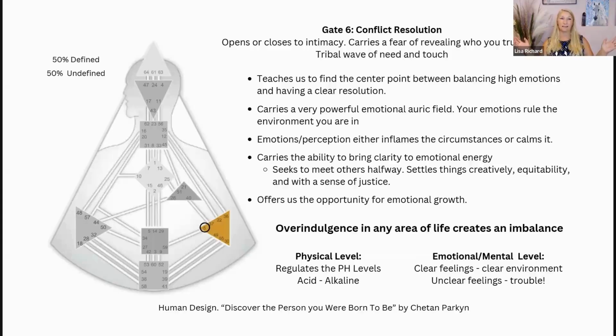So conflict resolution brings the two together when it has that clarity in order to rise up to a higher vantage point. It also has a very powerful emotional auric field. So the energy that we're pulsing from out here. And if you have that gate 6 within your design, you might notice that your emotions rule the environment you're in.